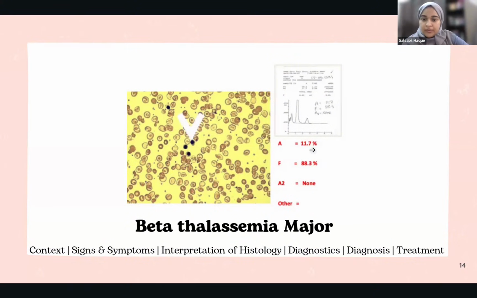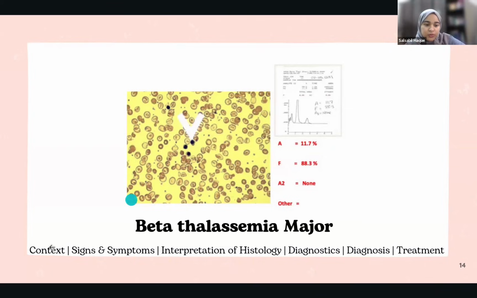Normally this is not present in adults. However, in thalassemia, because of a reaction to this faulty hemoglobin, the body keeps producing gamma chains and keeps producing hemoglobin F to kind of oxygenate. But this is already a very aggressive disease.